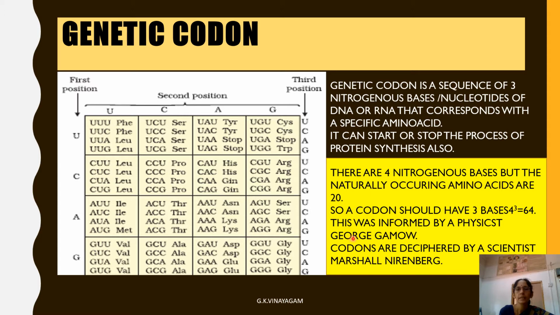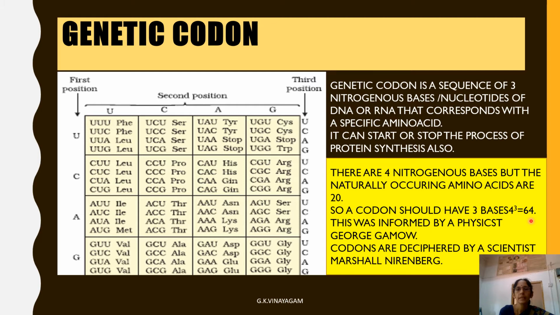So a scientist, George Gamow, first informed that a codon consists of 3 bases. If you take 4 to the power 2, it can code for only 16 amino acids, but naturally occurring amino acids are 20. So what did he consider? He considered the genetic code consists of 3 bases. So how many codons are possible? 64 codons are possible.